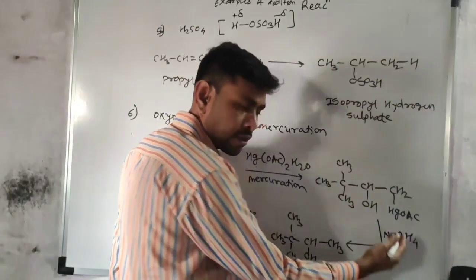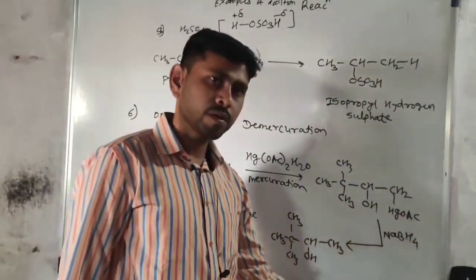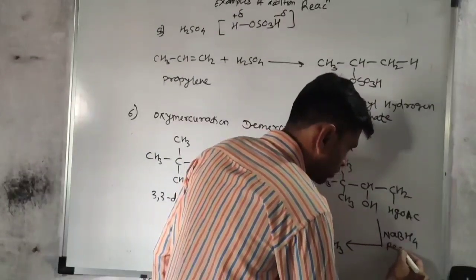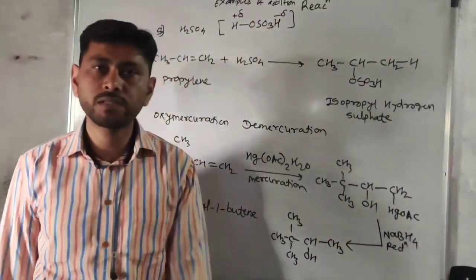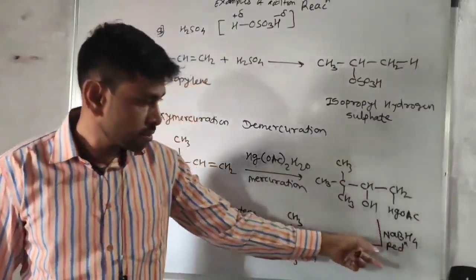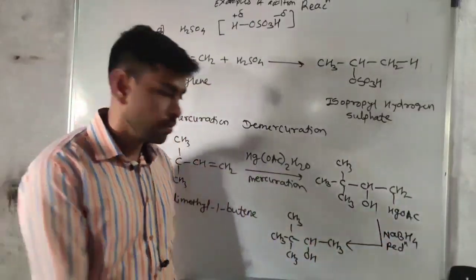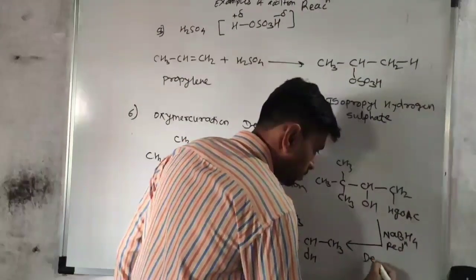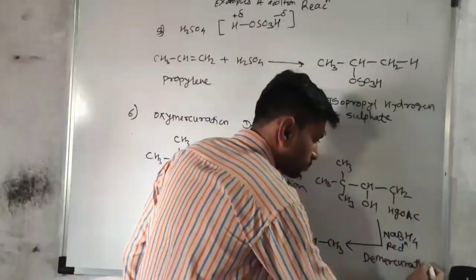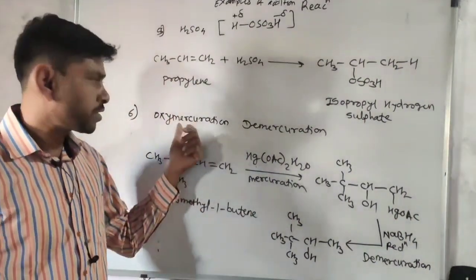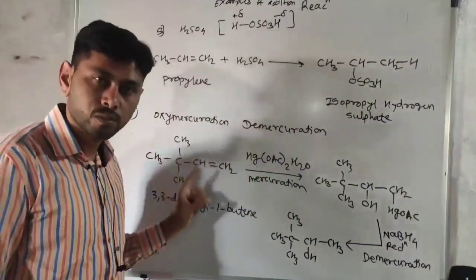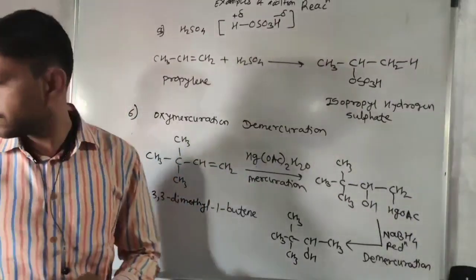And in the second step, we remove this mercury. So it is demercuration, or simply reduction, because NaBH4 is the reducing agent, as we know. This reduces this group. So this second step is demercuration. So we call this reaction oxymercuration and demercuration. So mercuration, demercuration is also a type of addition reaction.